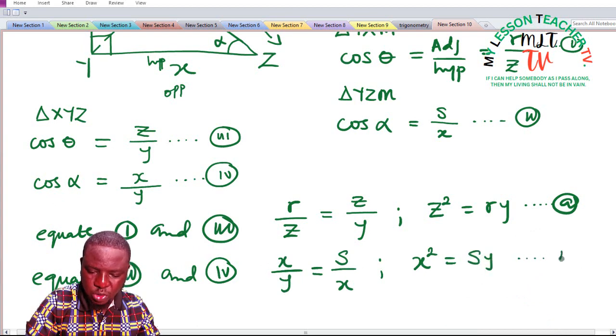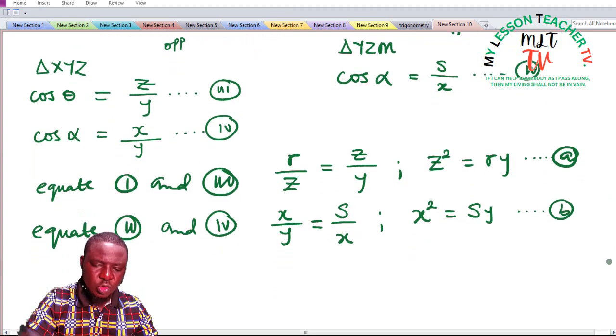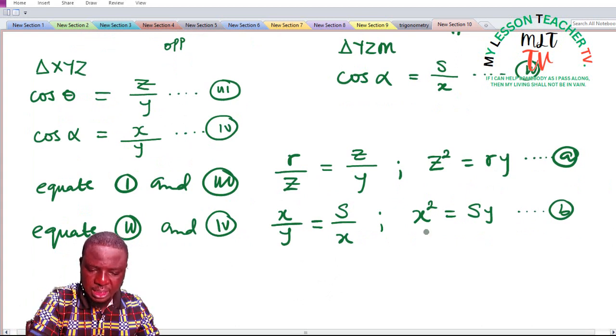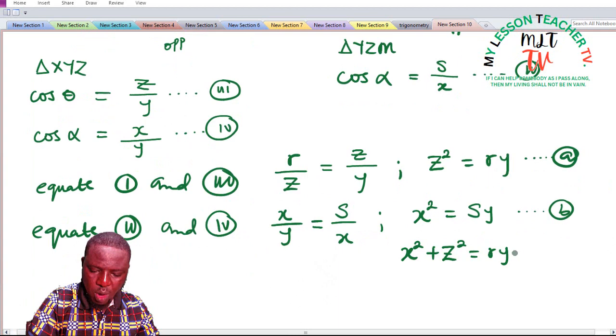Call this equation B. Now, adding equation A and B together, I'll add those on the left hand side with those on the right hand side. That is to say that X squared plus Z squared is equal to RY plus SY.